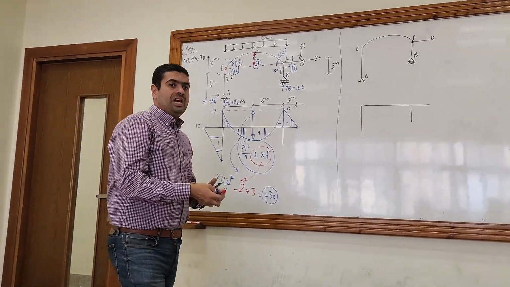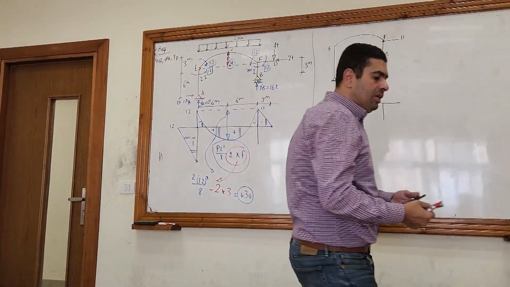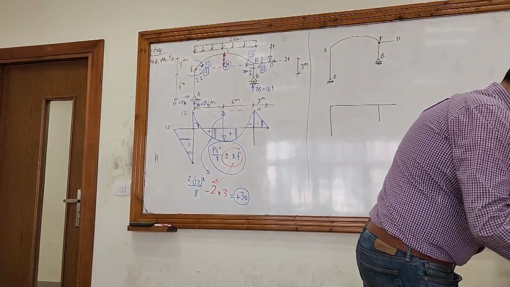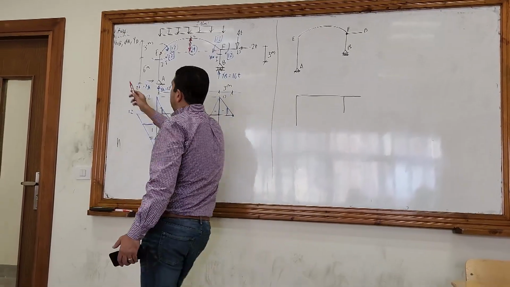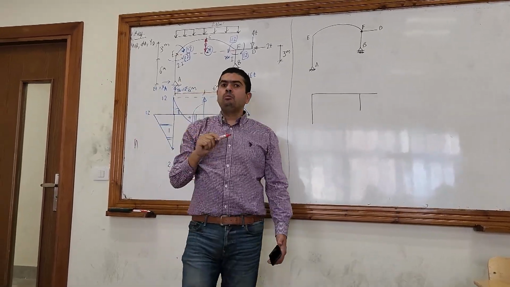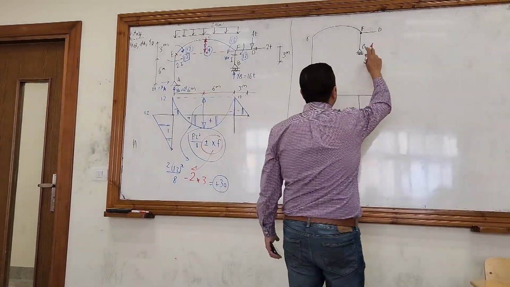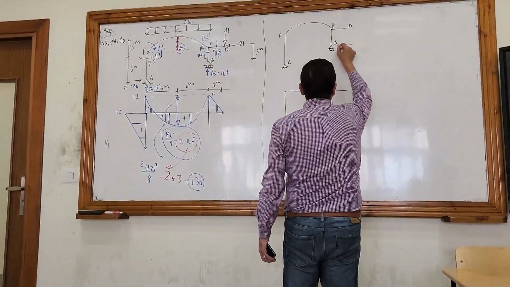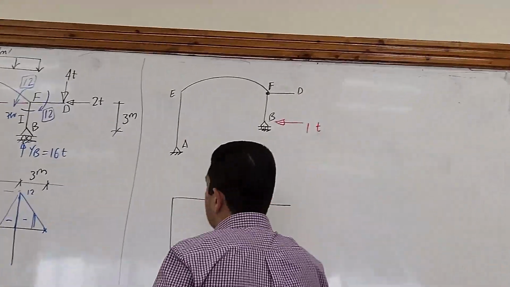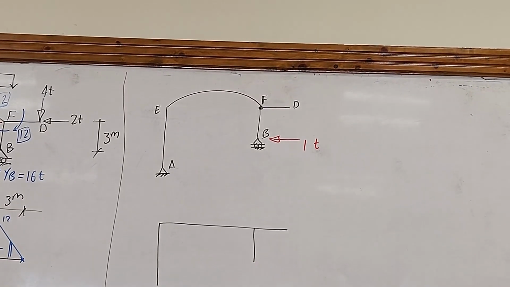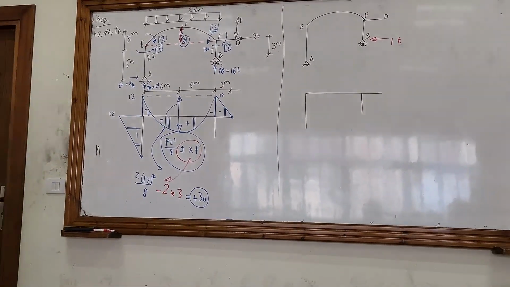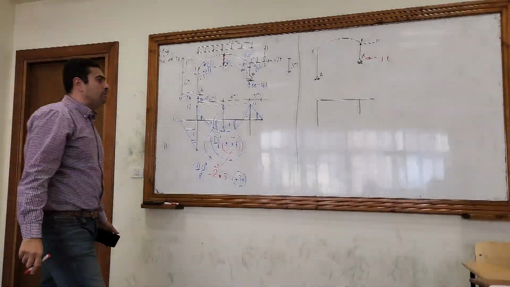I will put a unit load, only a unit load, in the direction of the required movement. Here, the required movement is a horizontal movement at B. So at B, I will put a horizontal load of 1 ton. And then I will draw the bending moment again, which will be called M1.